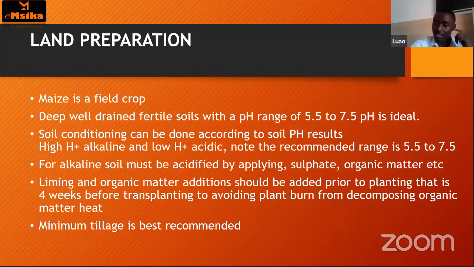For sulfur-based fertilizers, you can add vegetation or just broadcast a bit, also organic. And for gypsum, you can also add gypsum.